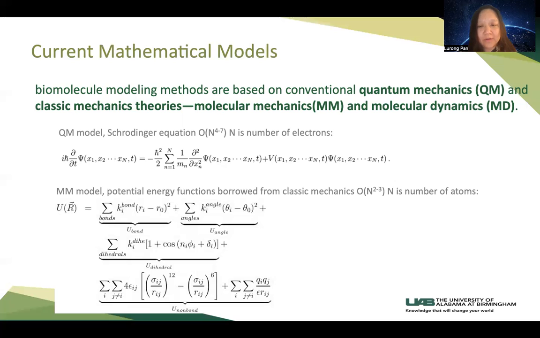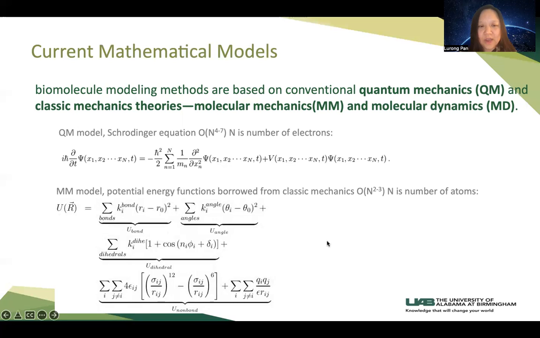Another common way, which is less computationally costly, is molecular mechanics. As you can see, the MM models leverage different potential energy functions, borrowed from the classical mechanics that Newton used back then to describe larger objects.